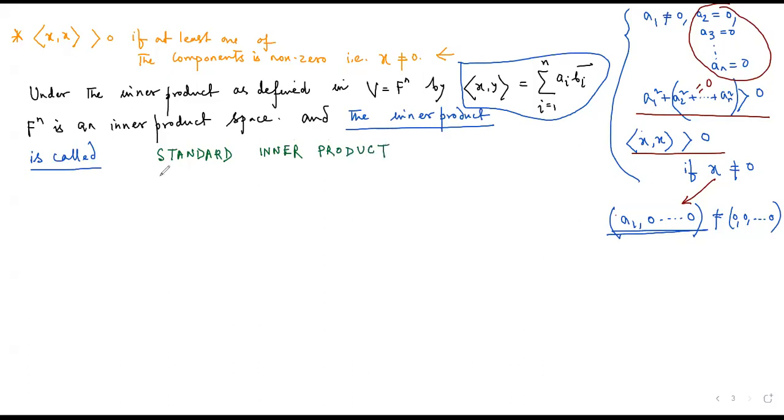It is called the standard inner product defined in Fn. There are two types of important inner products. One of them, which I have elaborately discussed over here, is called the standard inner product.